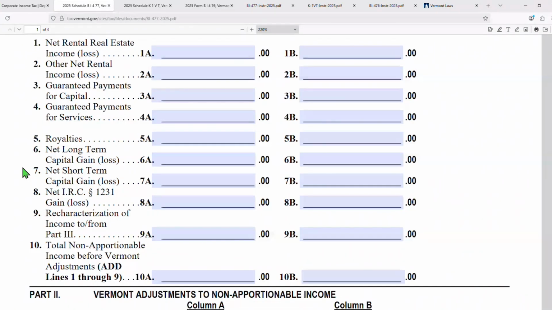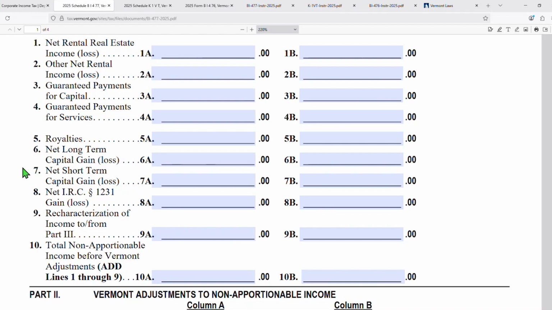And so what's going to happen then, you also need to take any numbers that you subtract out of part 3 on line 20A, and you need to add that back into line 9. So you're going to have these negatives from lines 1A through 8A.